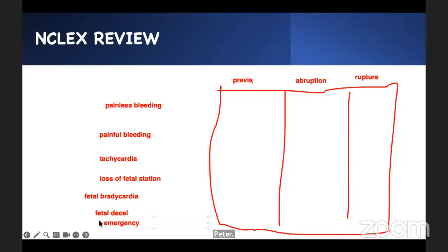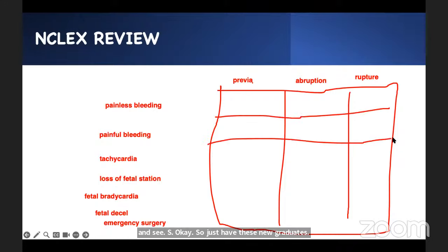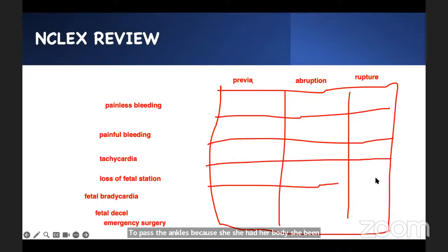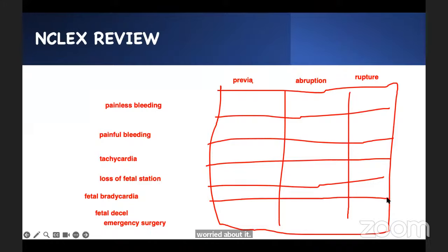Emergency surgery. Okay, so just help these new graduates pass the NCLEX because she heard about it. She's been worried about it. So she wants to know what the difference is so that she can pass the NCLEX.